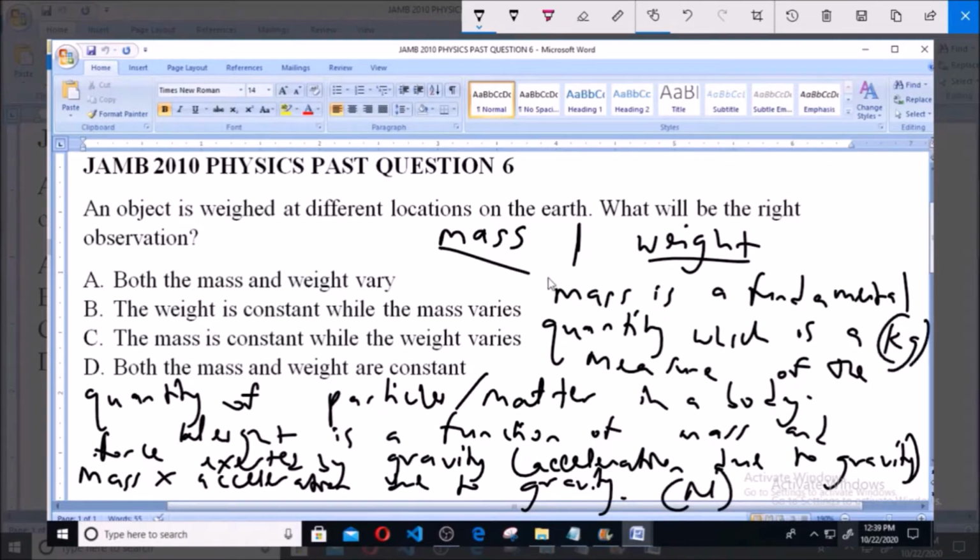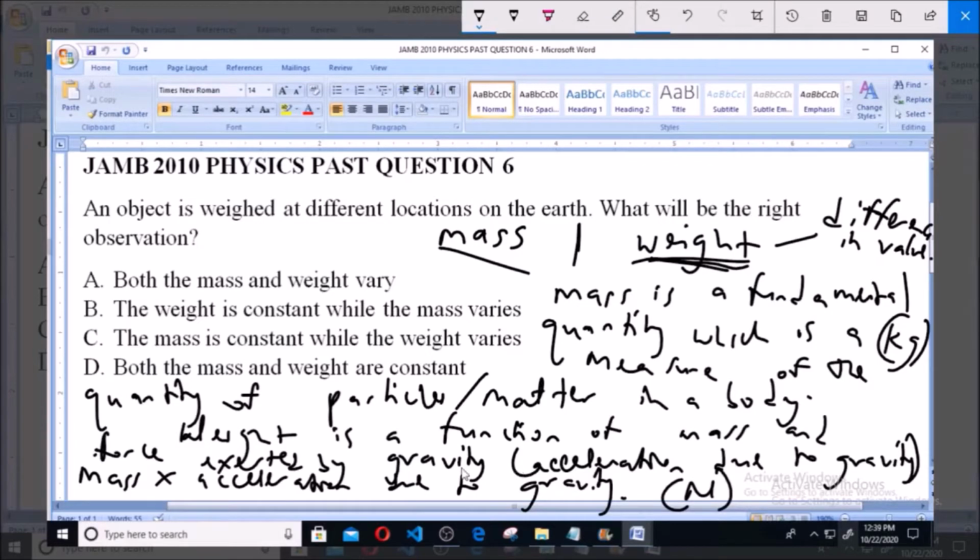Now, a key observation between mass and weight is that the mass of a body and the weight of that body are different, as we have established, and will have different values. When you take the weight of a body in two different locations on the earth, there is likely to be a difference in both values.